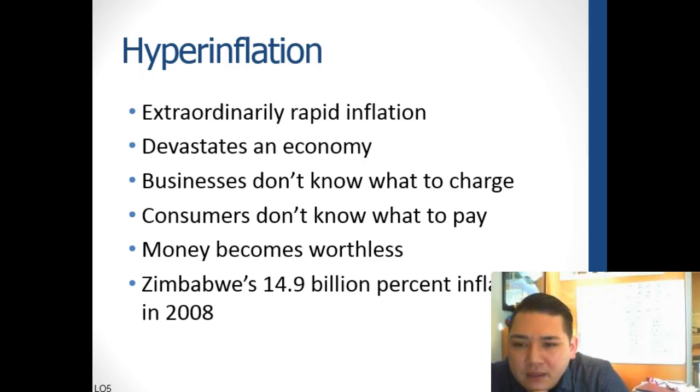Right? And it's actually up to 11.2 million% in 2008. Meanwhile, the official exchange rate fell from approximately 1 Zimbabwean dollar per US dollar in 2003 to 30,000 in September 2007.